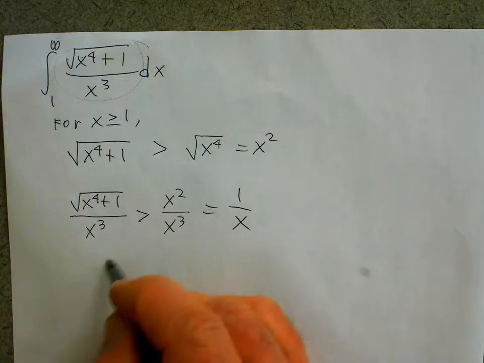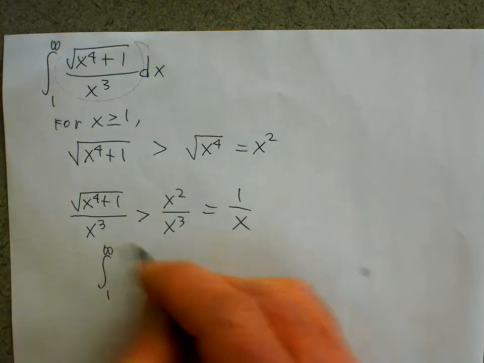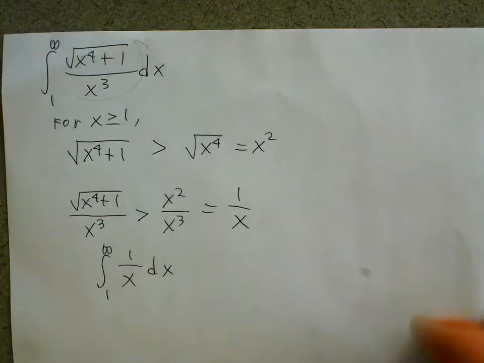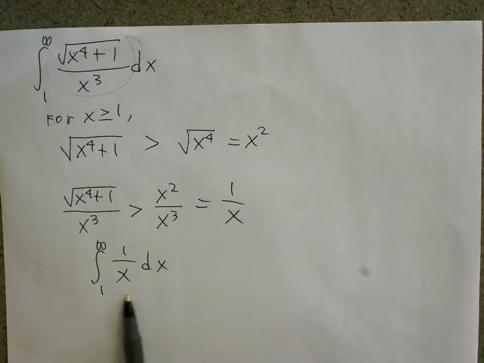And what do we know about the improper integral of 1 over x dx from 1 to infinity? A few days ago, more like weeks, we found that this is divergent.